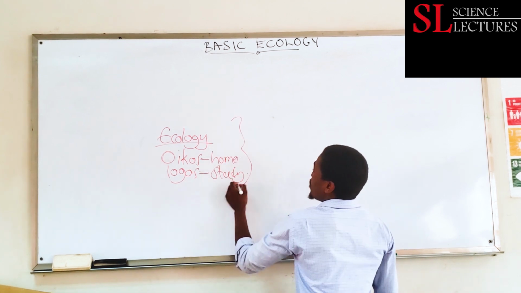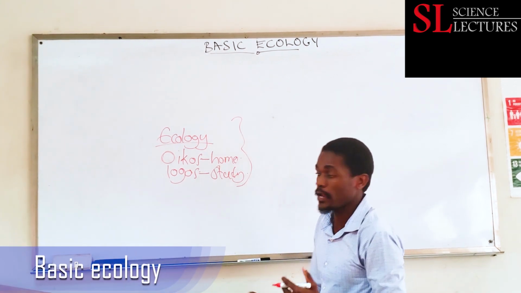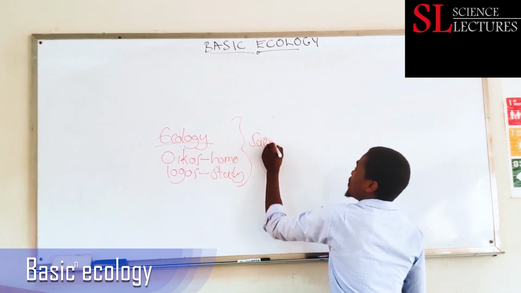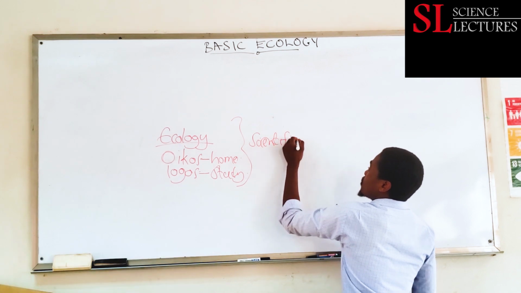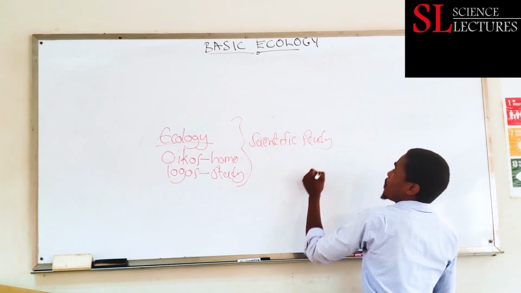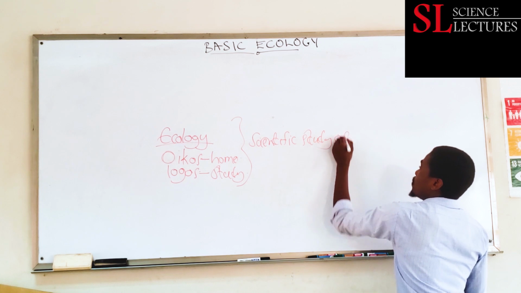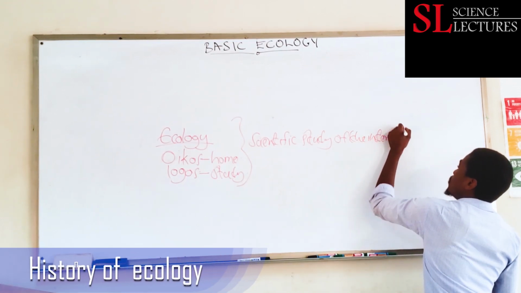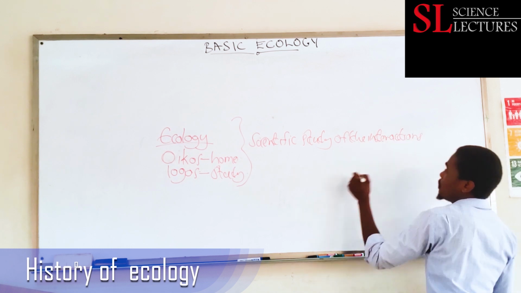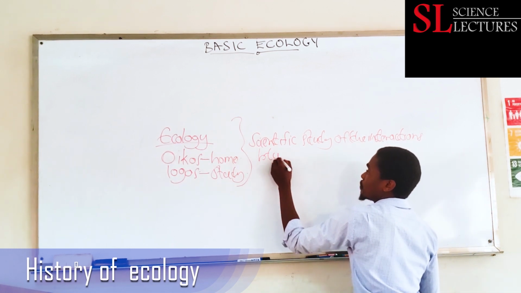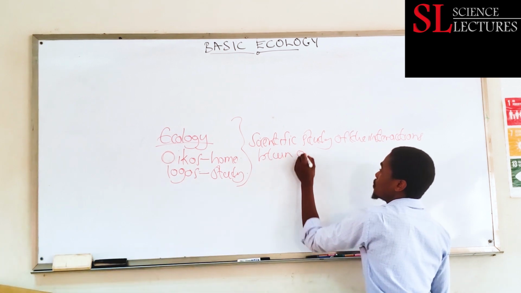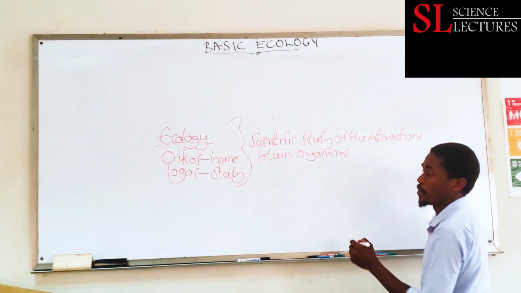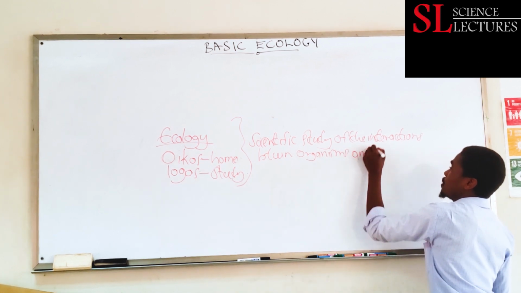But now we need to look at the definition of ecology. How would we define ecology? Ecology is simply defined as a scientific study of the interactions between organisms and their environment, or their surroundings.